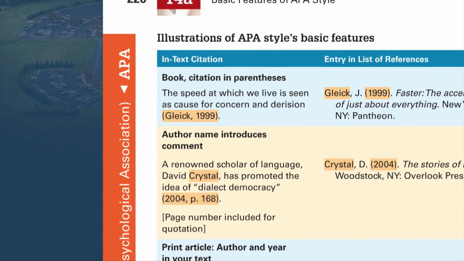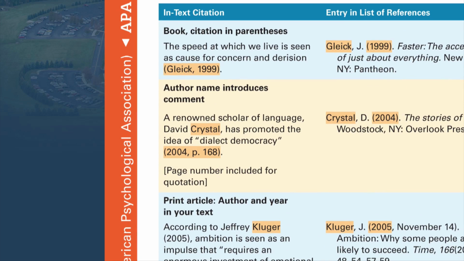Now the next one says the author's name introduces the comment. In this case, you have David Crystal has promoted the idea of dialect democracy. In this case, we do know who the author is. Therefore, in your parentheses, you would just put the year of the publication, comma, and if known, the page number.